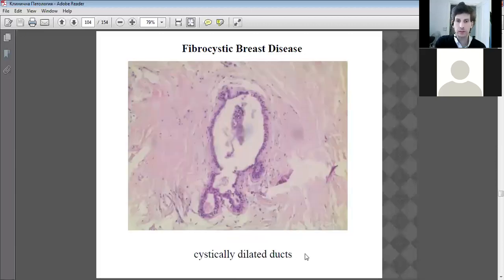Cystically dilated ducts, a very abnormal cell division there, although uniform border, a big area of fluid formation. Very good examples of fibers, hyaline fibers, proteinaceous mass.